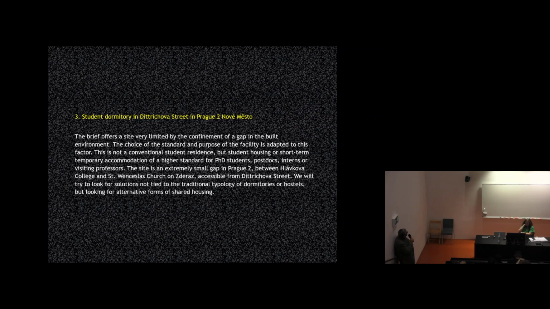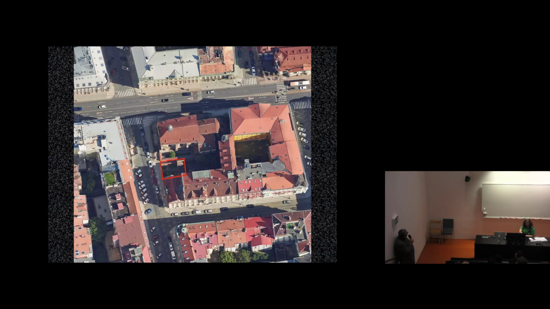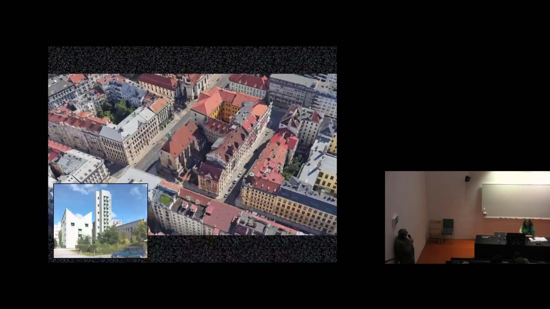And the last assignment is speaking about a very narrow place in the center of Prague, surrounded by a church and another house for students, and it's a very special place for special purpose, for special architecture.